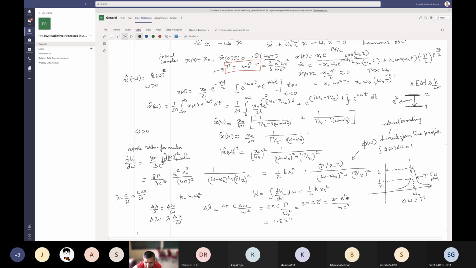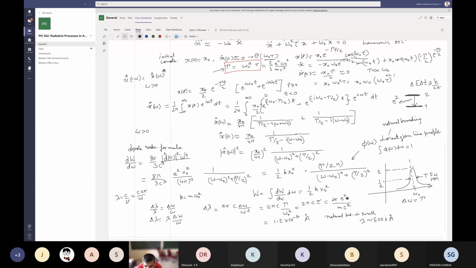If you plug in the numbers, this is equal to 1.2 times 10 to the minus 4 angstroms. So this is actually quite small, like in gamma rays, very, very small. So natural broadening is small compared to, for example, the lambda in the visible wavelength, which is 5,000 angstrom.